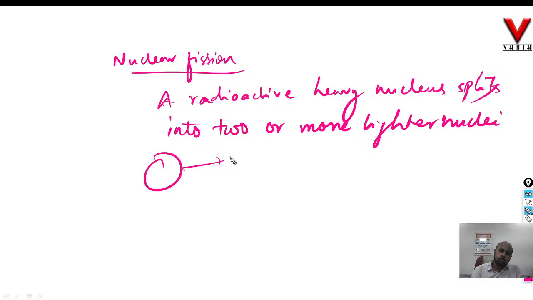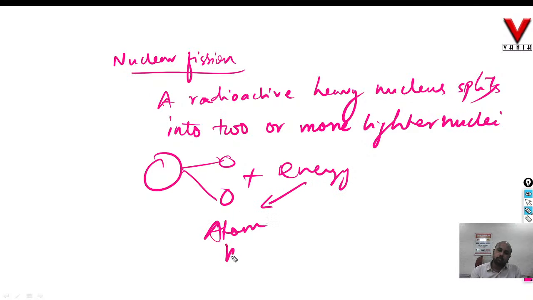Heavy nucleus gives lighter nuclei plus energy. Now this energy is used for making your atom bomb or nuclear power plant.